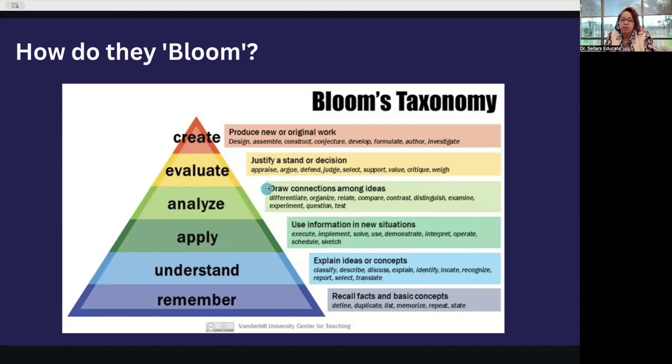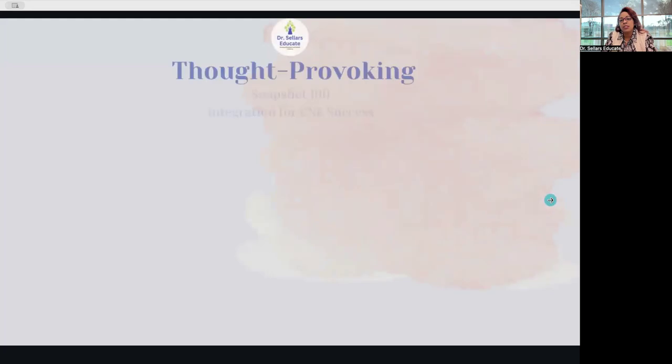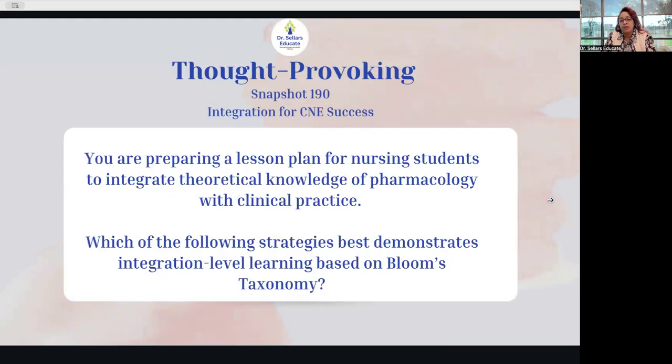If you're analyzing, we know you're drawing connections amongst ideas. If a student is struggling with understanding blood flow through the heart, how am I analyzing that information? How am I helping students differentiate the blood flow through the right valve versus the left valve of the heart? Again, it's drawing connections amongst ideas. Next, what we want you to think about is the thought-provoking question.